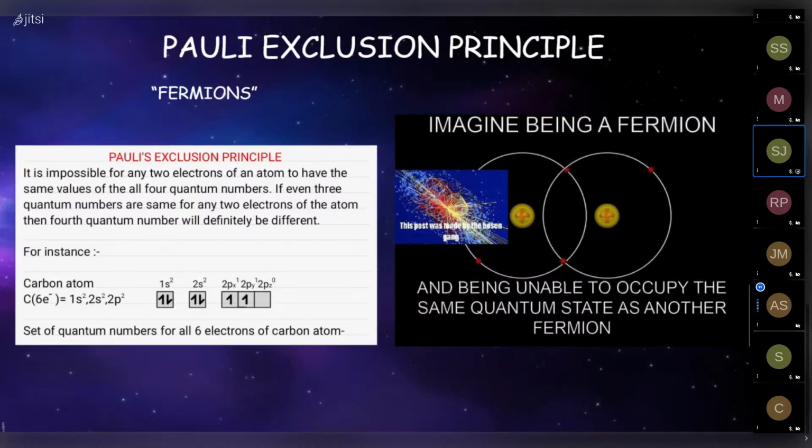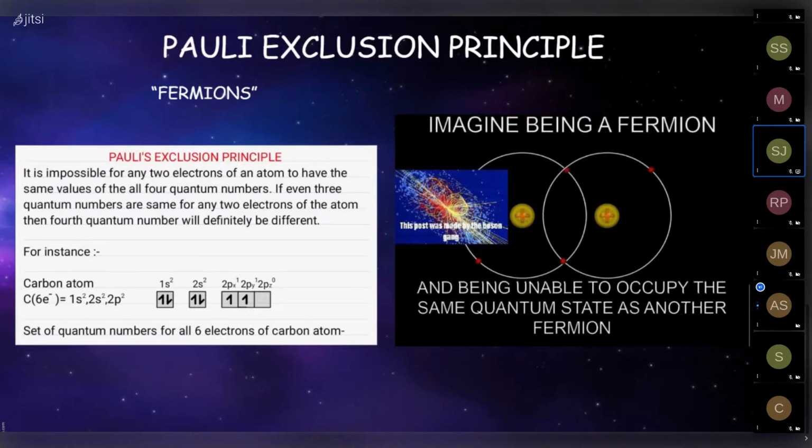This is because fermions, which have half integer spins, when you have multiple of them as a group, their wave functions tend to be anti-symmetric. Meaning, if you have two electrons in one orbital, both with plus half spin, then they're going to cancel each other out.